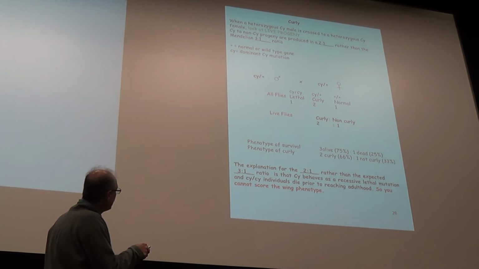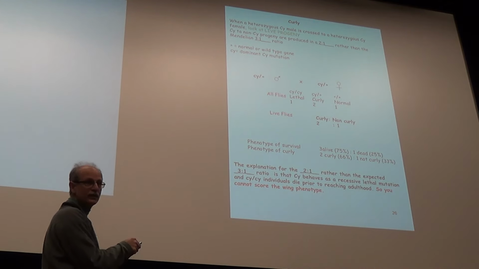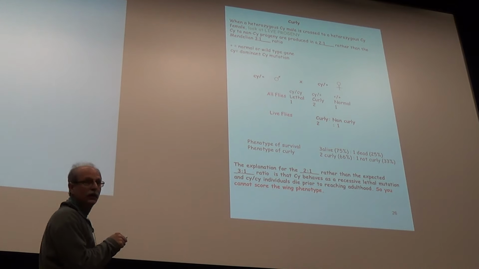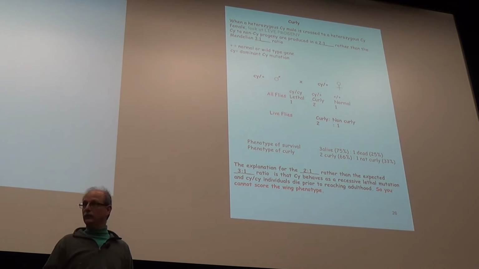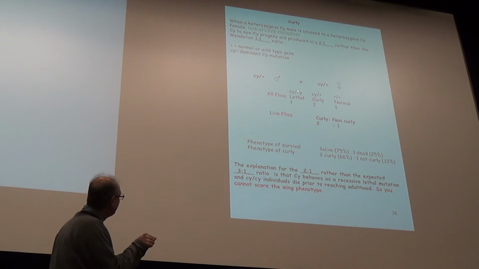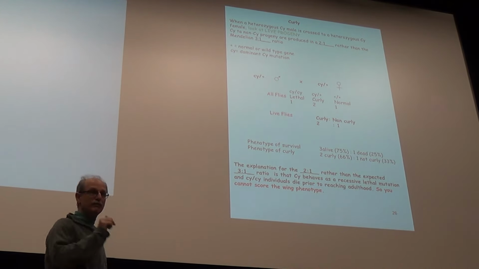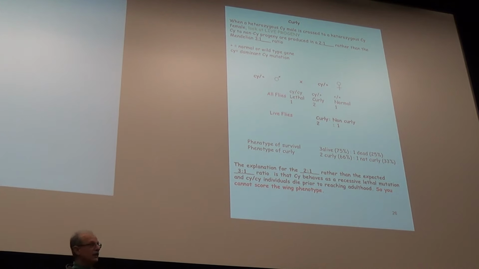And if this class is present, very important, if you cross it to this class, you should get all curly, correct? But if we never find this class, then that would mean that this class is missing in that original cross, and that would argue that it wasn't lethal.